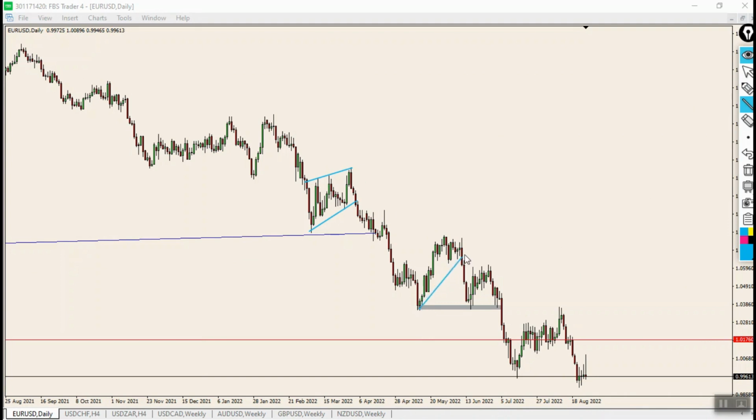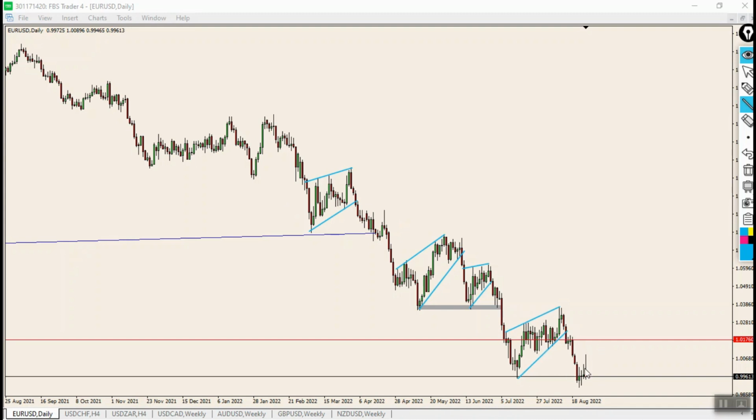We have another pattern here, right? We have one more pattern right there, right? We have another pattern right here, and the market has been respecting these patterns galore.